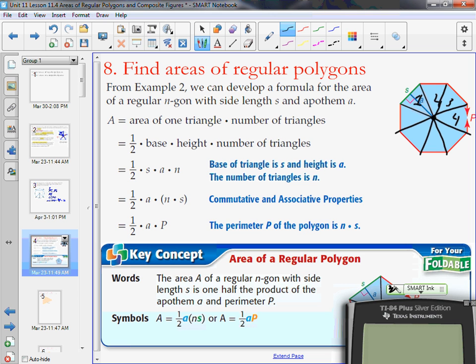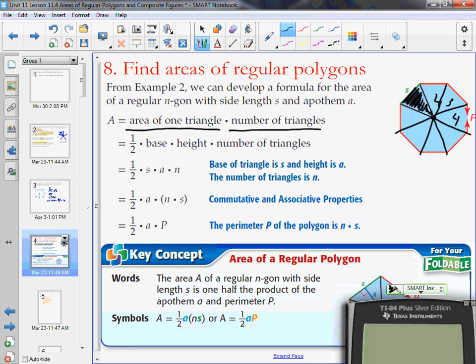In theory, can't I find the area of one triangle? Yeah. And then multiply it by the number of triangles, and that's the area of the regular polygon. You with me? Okay. So the area of the regular polygon equals the area of one of those triangles times the number of those triangles.